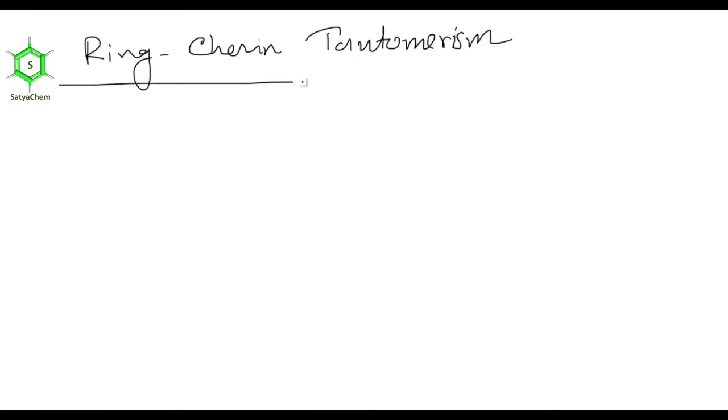Clear? Again, another type of tautomerism is ring chain tautomerism. Usually combining proton and valence type is called ring chain tautomerism.